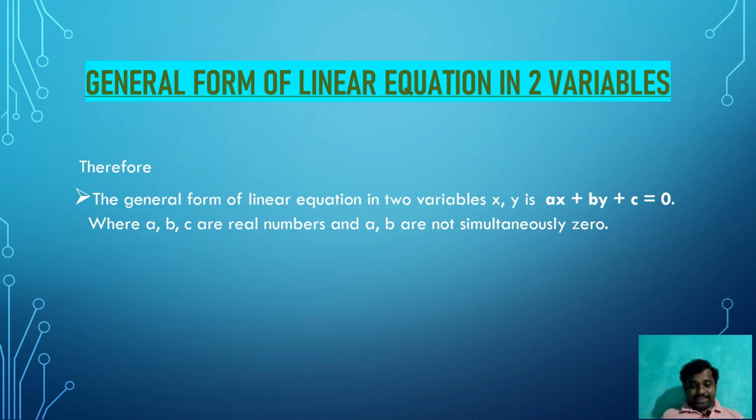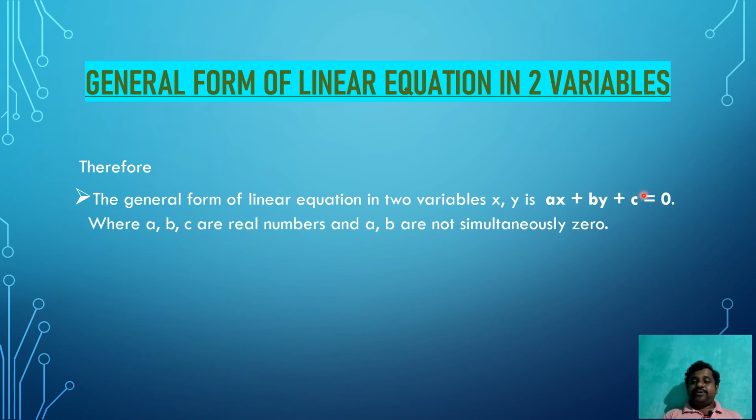According to our previous examples, the general form of a linear equation in two variables x and y is ax plus by plus c is equal to 0.